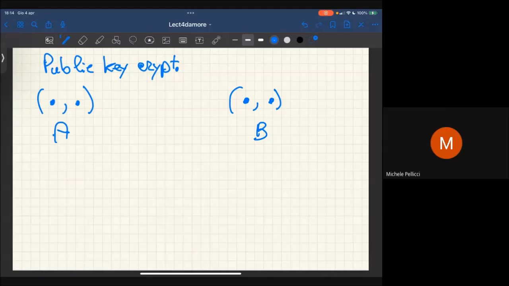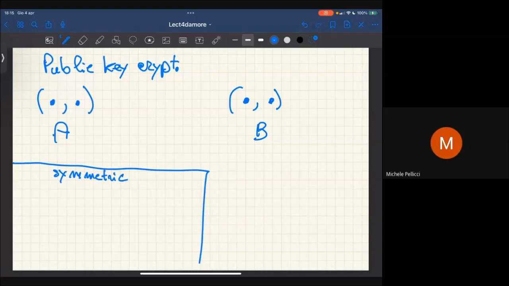And what is important to say is that when we are considering the symmetric case, if we have, for instance, five spies that are in another territory, and the five spies should communicate using symmetric cryptography, they should be using a different key for every partner of communication.